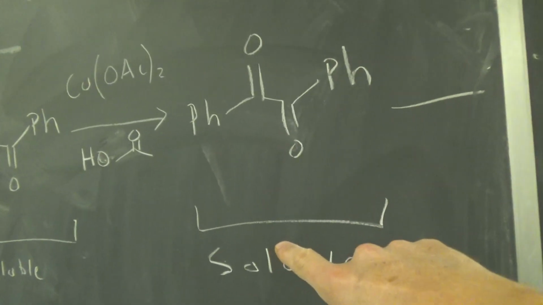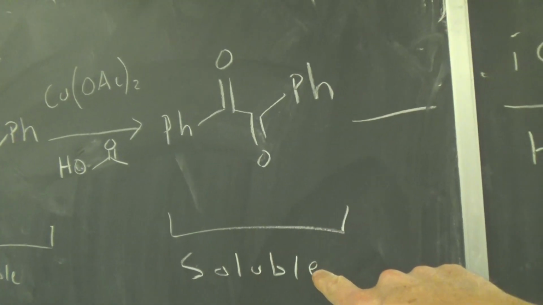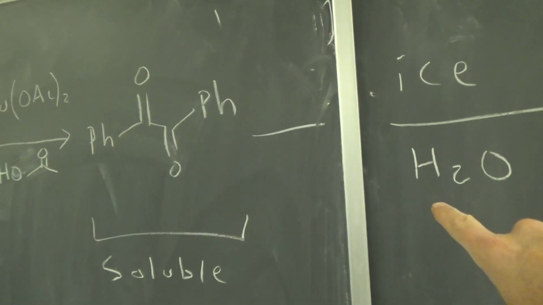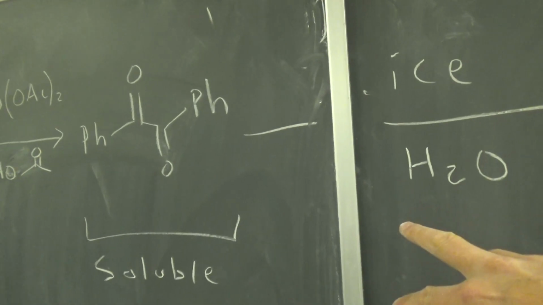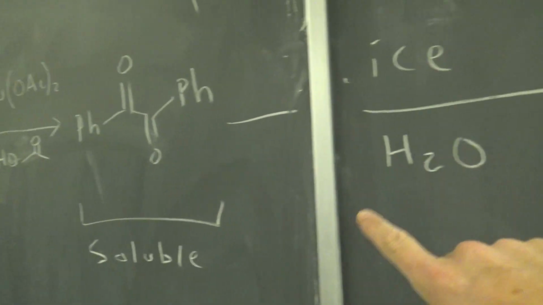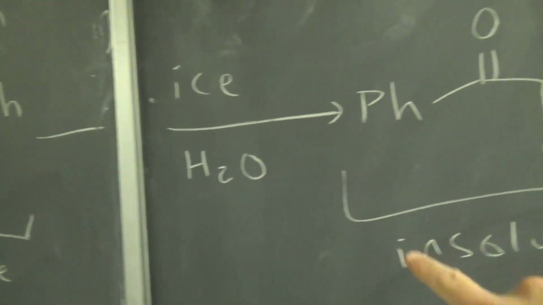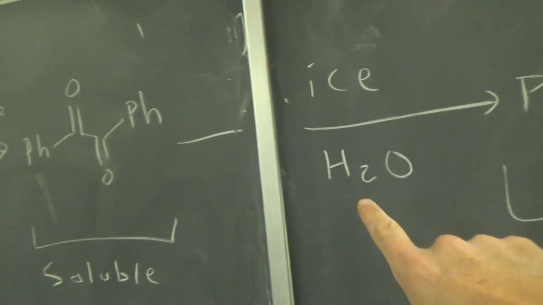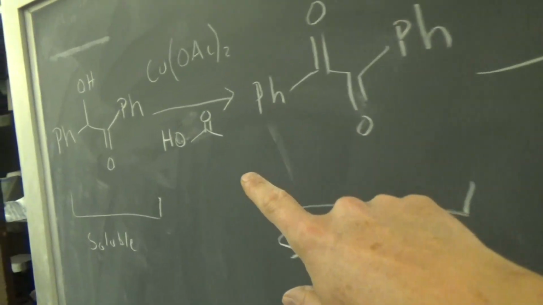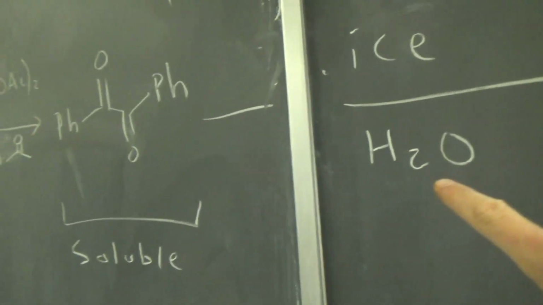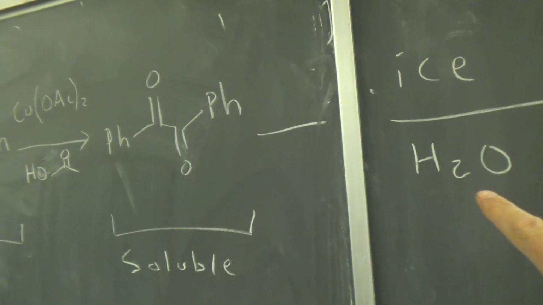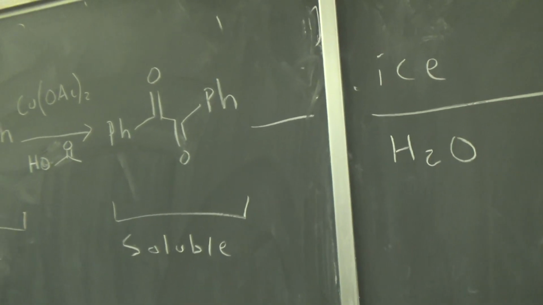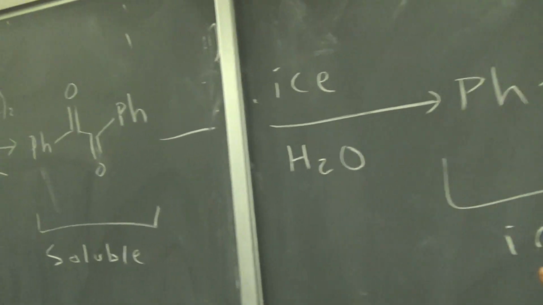But what you might be confused by is why, when we added ice water, did it turn into a solid? It was dissolved here, you added ice water, and now it was a solid. The reason is because the water mixes with the acetic acid, and you have an organic material that sees water and doesn't know what to do, so it turned into a solid.